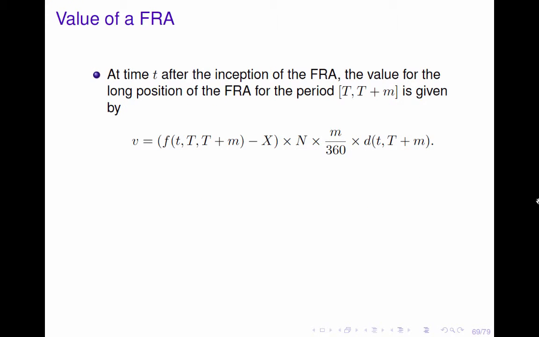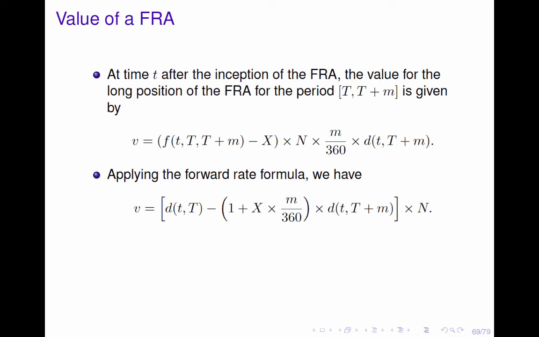At time small t, after the inception of the forward rate agreement, the value for the long position of the contract for the period from capital T to capital T plus M is calculated from the difference between the time small t forward rate from capital T to capital T plus M and the fixed rate X times the notional principal N times the period length, and then discounted to time small t.